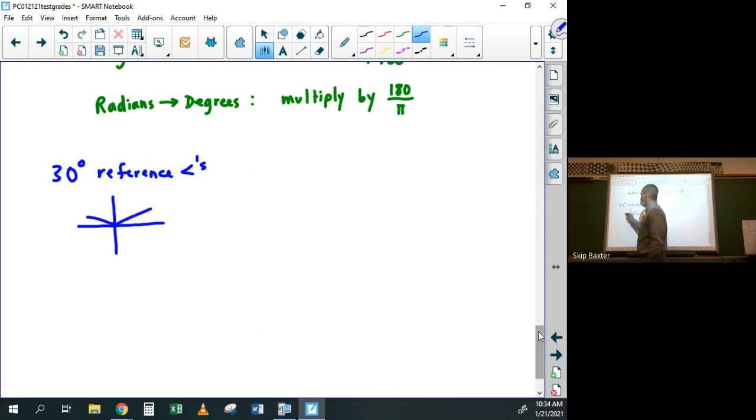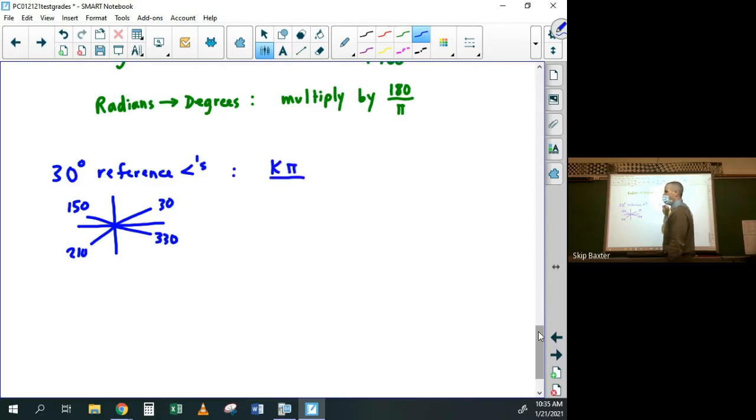It's 150 over here. This is 30, 150, 210. That's a 30-degree reference angle, or 330. Those are 30-degree reference angles. 30-degree reference angles always have the same structure when they're in radians. It's something pi over 6.